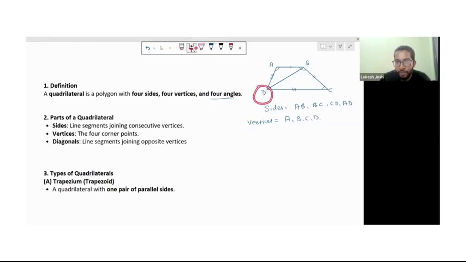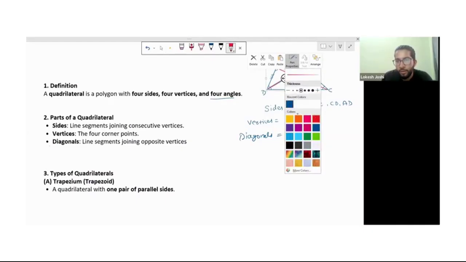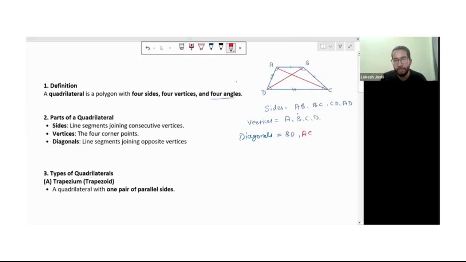For D, the opposite vertex is B, and with A, the opposite vertex is C. So the line segments are BD and AC. Let me use different colors so it will be more clear to you. The red color ones are the diagonals.